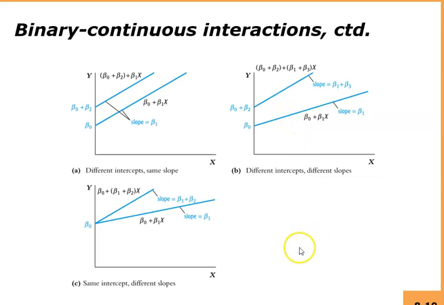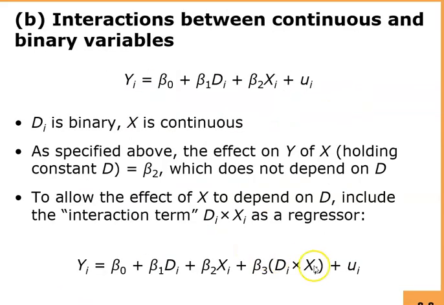Now the final question arises, when will we get to this third scenario, part C, where you have the same intercept but different slopes? This scenario can be reached when you introduce the interaction term, but you are not including d as a separate variable in the equation.